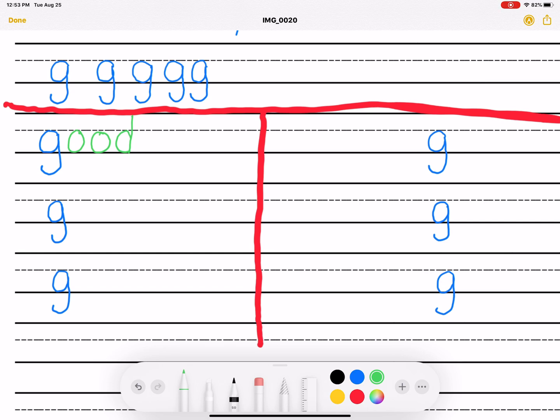Begins with the letter G. The next word, give. That would be G-I-V-E, give. And the last one, grow, which is G-R-O-W, grow. 3 words that begin with the letter G.